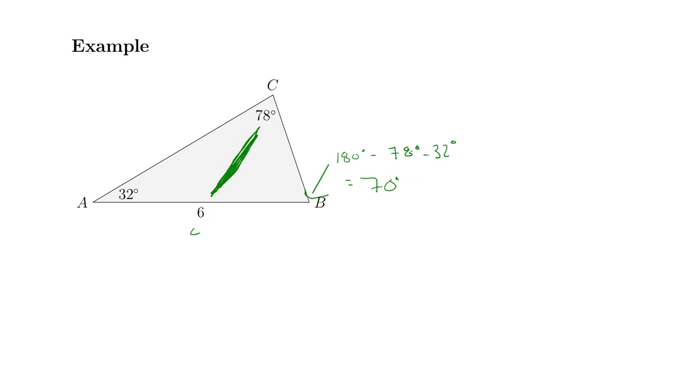And so what we can do now is go ahead and move all this. I'm going to put my 70 degrees on the inside, so it's giving me some more room to write. So we could set up that ratio of the sine of 78 and the side length of 6. So this was 70 degrees.